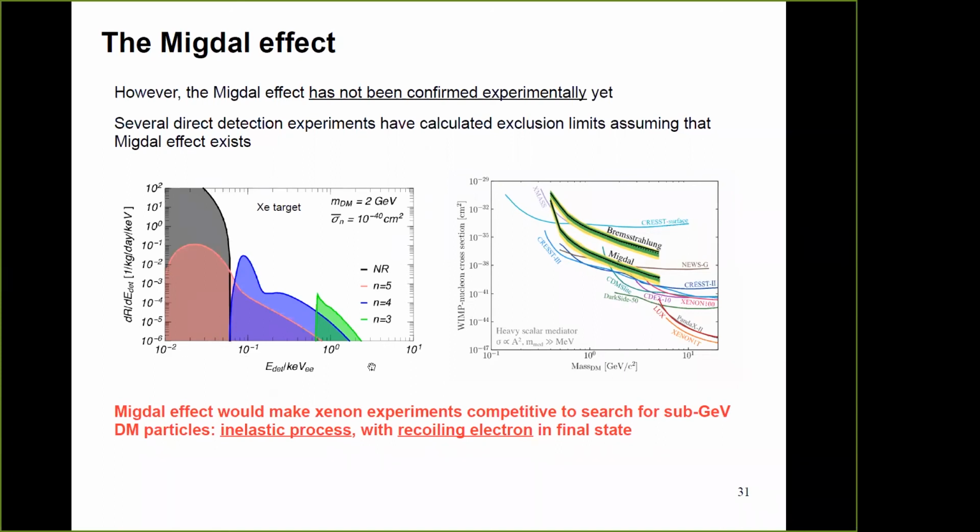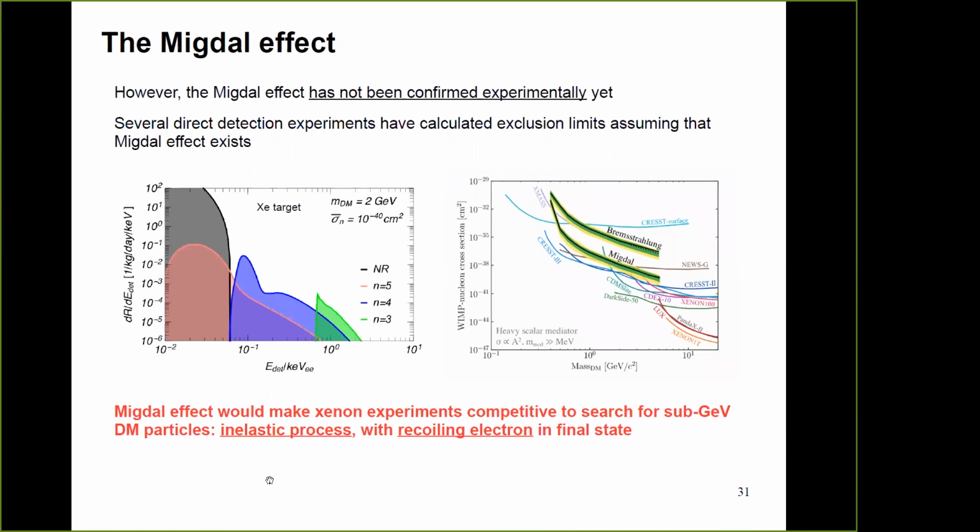But using the Migdal effect, this is the energy spectrum of the Migdal electron, and you can see that it goes above approximately the keV threshold. So this can be observable even though the nuclear recoil is not observable.